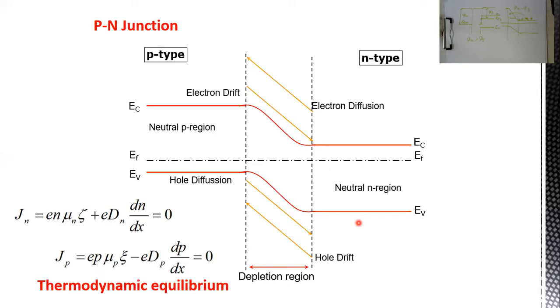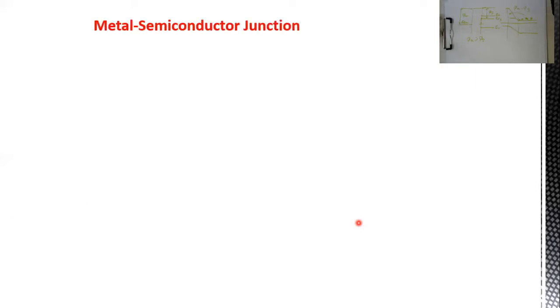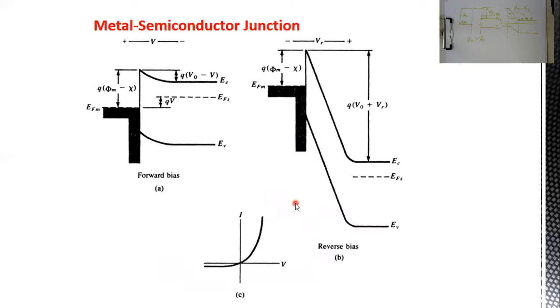However, in this case, whenever you have a forward voltage, your current will be mainly due to electrons. Of course, you will have hole current, but due to the majority of the electrons and the minority of holes, you can easily neglect the hole effect, and you can say that it's a unipolar junction.